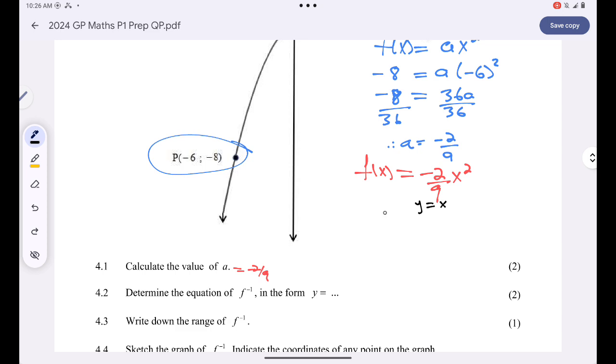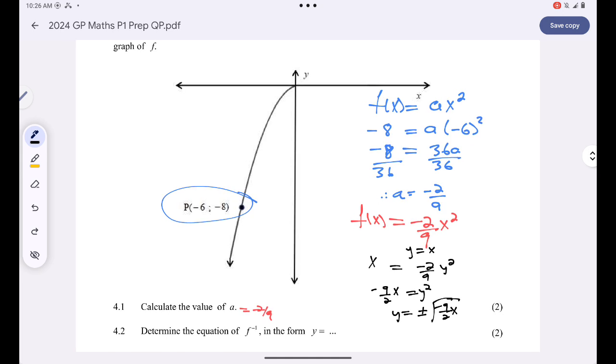Together, so I'll end up having x is equal to -2 over 9 multiplied by y squared, and then I can divide both sides by -2 over 9. I'll end up having -9 over 2 x is equal to y squared, and hence y is just equal to plus or minus the square root of -9 over 2 times x.